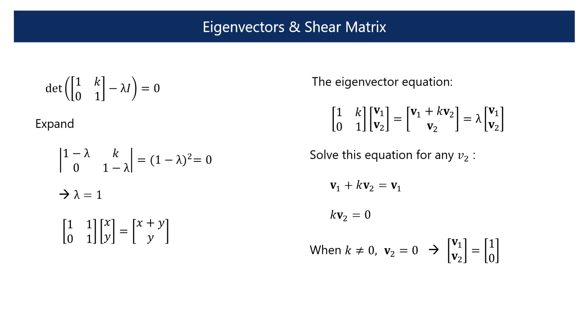In a shear transformation, the direction of many vectors changes, but vectors along a specific direction, in this case the x-axis, maintain their orientation. This direction represents the eigenvector, which is an axis that is not affected by the shear transformation.